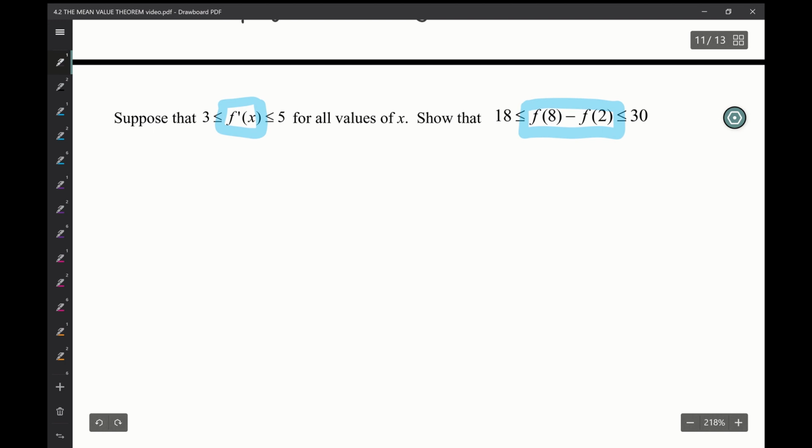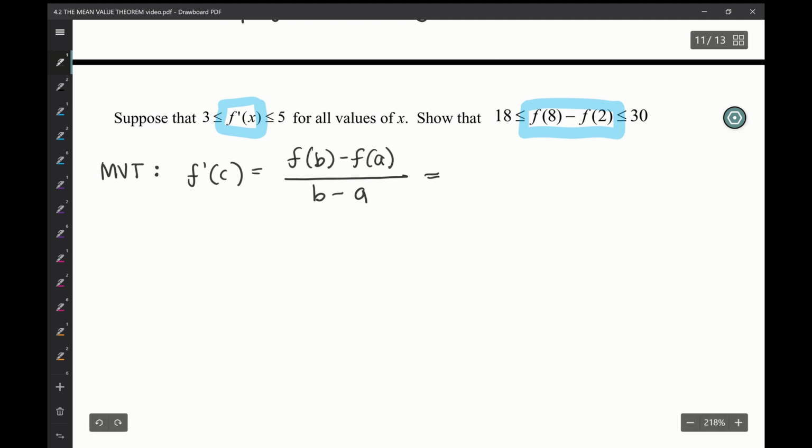By the mean value theorem, we must have some sort of f prime of c is equal to f of b minus f of a over b minus a.